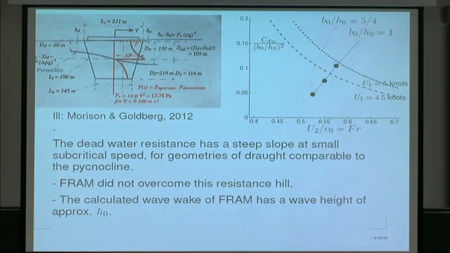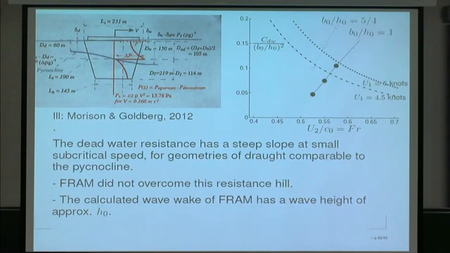The conclusion of my presentation is that the dead water resistance has a very steep slope at small subcritical speed for geometries of draft comparable to the pycnocline. And FRAM did not overcome this resistance hill.